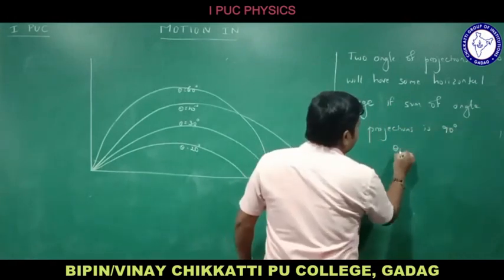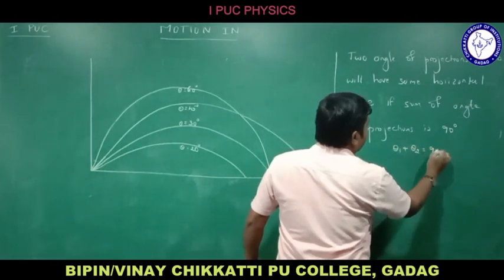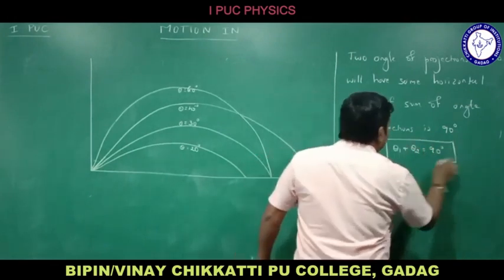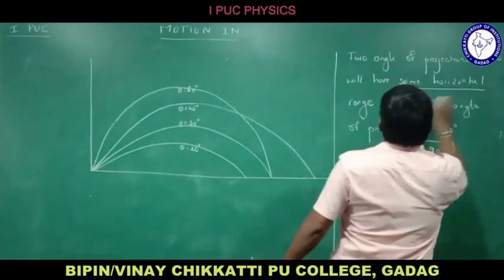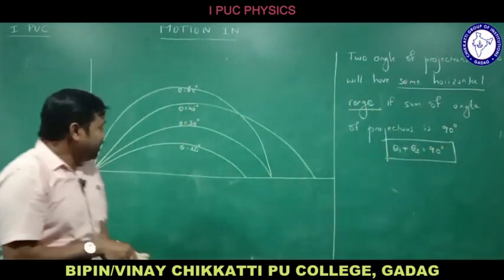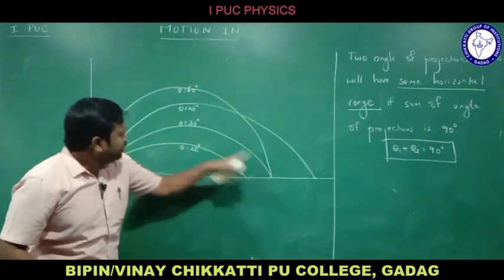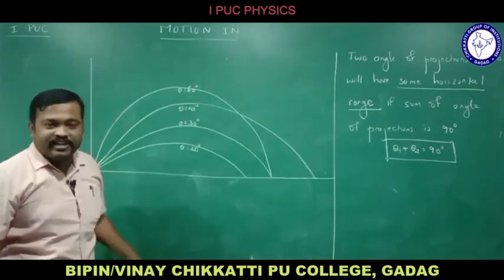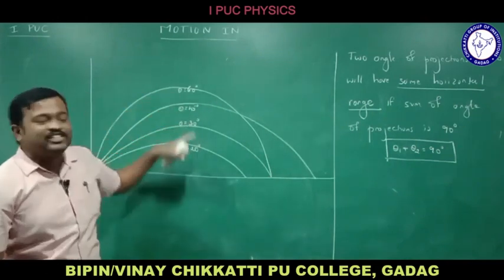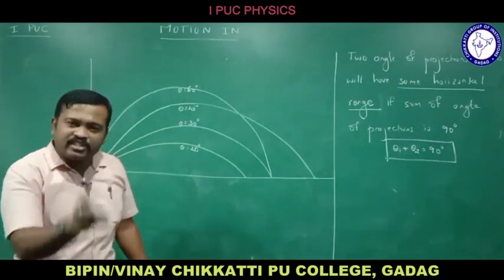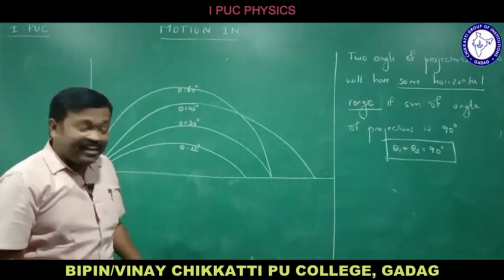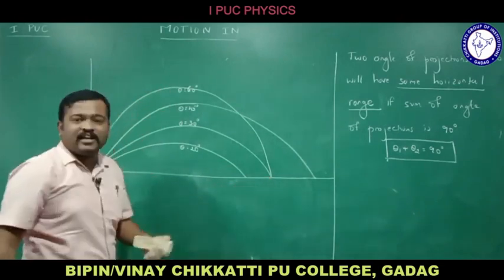Means theta 1 plus theta 2, if it is 90 degrees, it will have the same horizontal range. That is the reason I got the same range for 30 degree and for 60 degree, because 60 plus 30 is equal to 90. Did you understand? Right? So this is the main important thing. If the sum of angles of projection is 90 degree, it will have the same horizontal range.